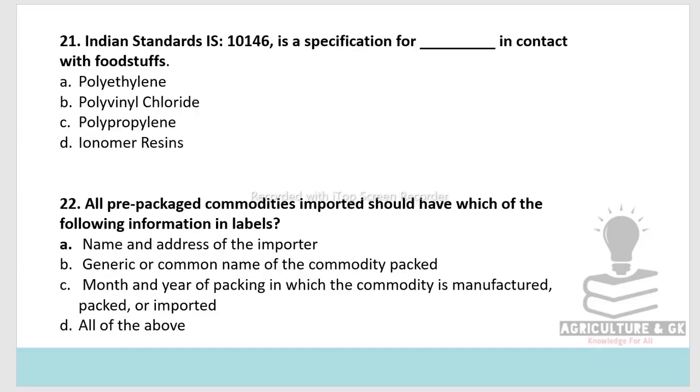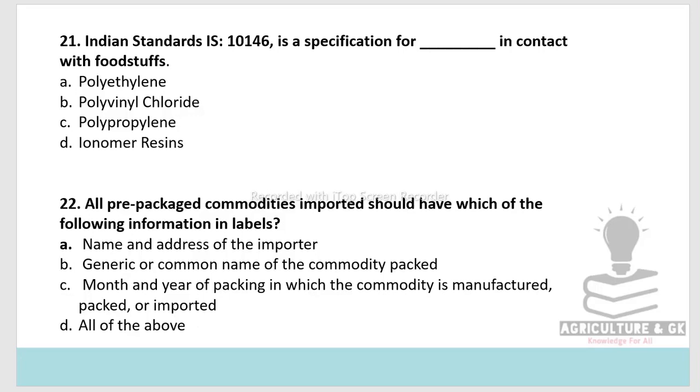Now moving next. Indian standards, that is IS 10146, is a specification for blank in contact with foodstuff: polyethylene, polyvinyl chloride, polypropylene, or ionomer resins.